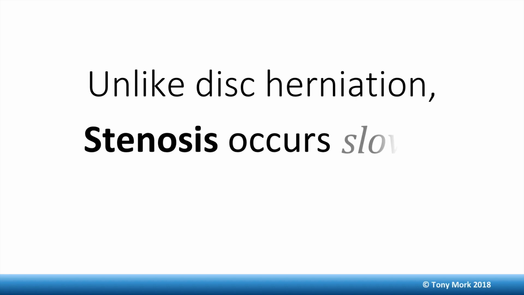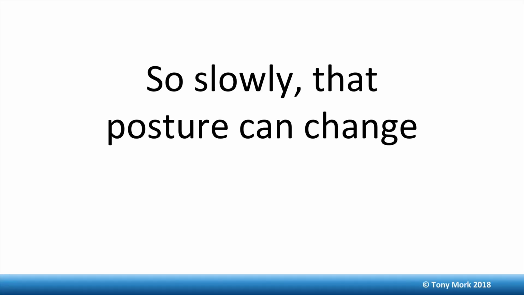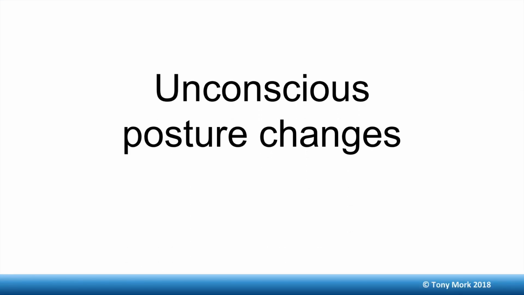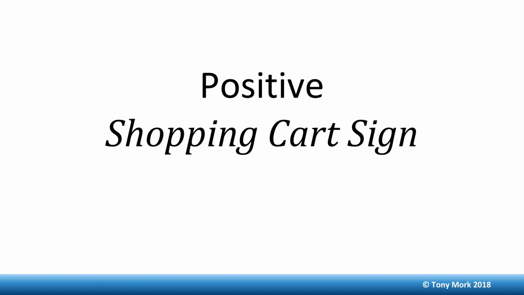And unlike a disc herniation, stenosis occurs slowly, oftentimes over multiple decades, so slowly that you can even see people's posture changing to accommodate the problem. Of course, it's an unconscious posture change, and it even has a name. So this would be an example of a positive shopping cart sign.